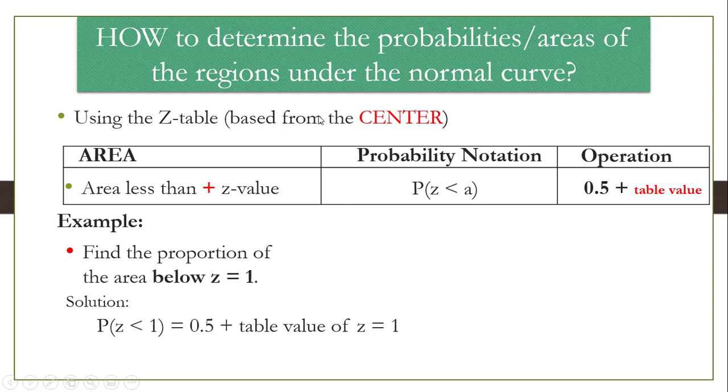Please look at your module for the corresponding value of Z equals 1. It would be 0.5 plus 0.3413, which is the corresponding value of Z equals 1 in the Z table.